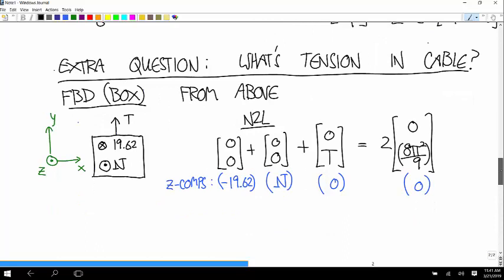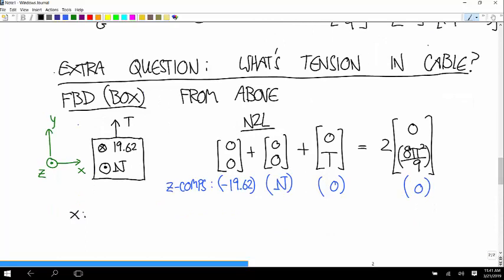So the x equation, if any of you missed the class last Wednesday, we talked about the fact that 0 is equal to 0. This reinforces that, so if you weren't here. Other than that, it's not very helpful.